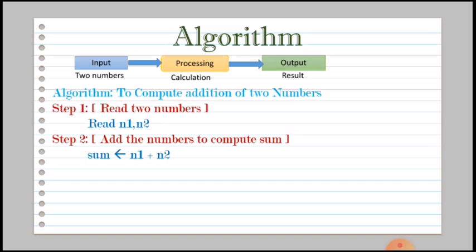So till now, we have taken two numbers as input in the first step. In the second step, we have processed these numbers, that is, we added these two numbers and the result we have stored in sum. Now in step 3, we have to display the output. So in the third step, we will write the statement [print the sum], and even this statement is optional.